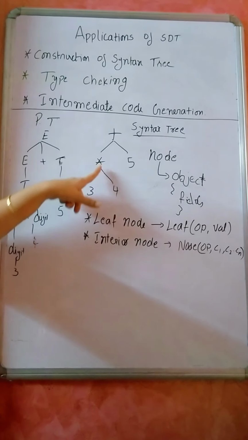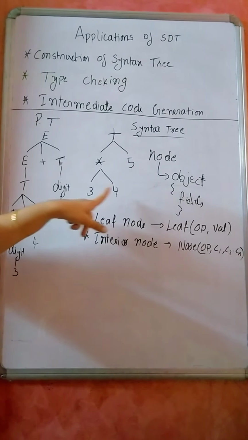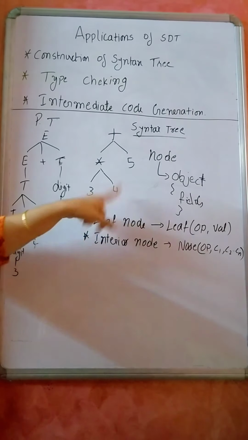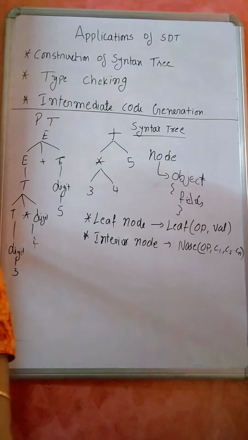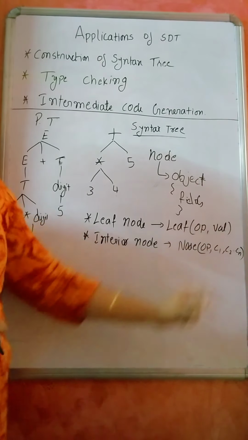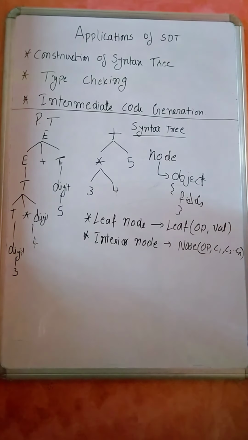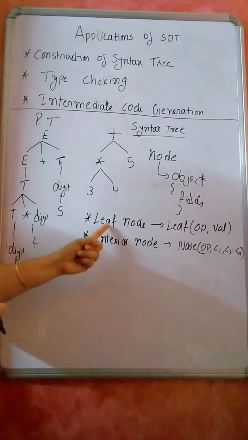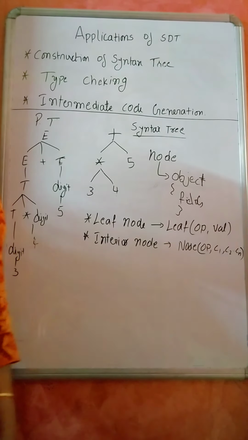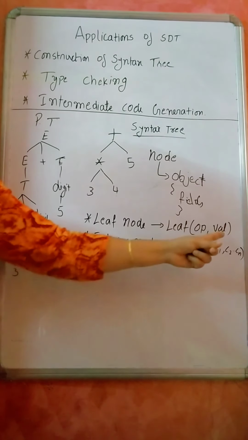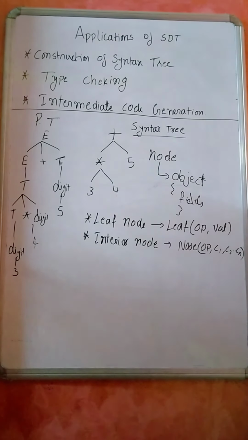If it is a leaf node, you will have one field called the OP field, and the other field is the lexical value provided by the lexical analysis phase. So for a leaf node, you have two fields: the OP field, and the value field, which is the lexical value provided by the lexical analysis.